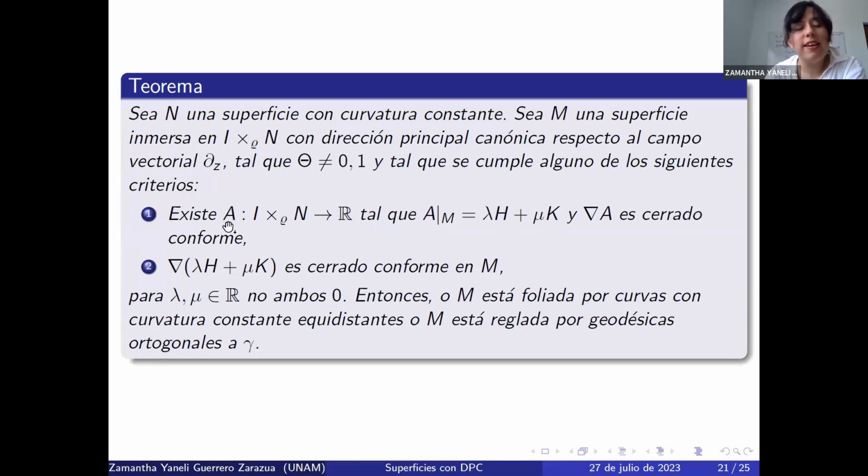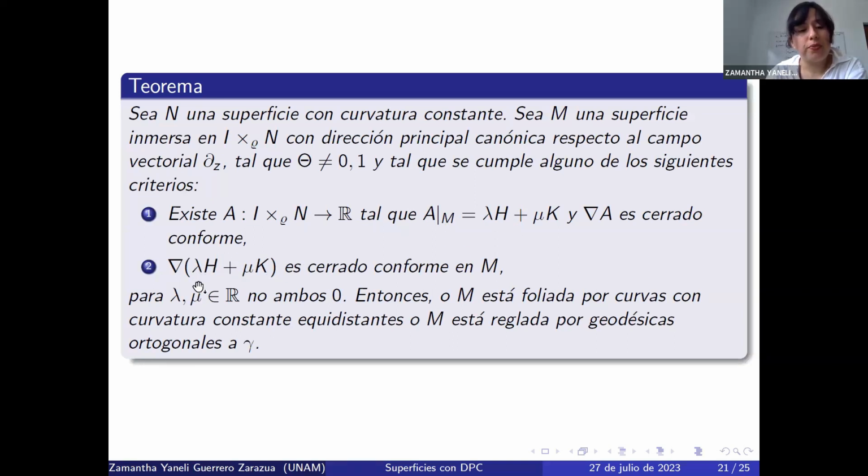There either exists an A such that when we take the restriction to the surface, the gradient of A is closed conformal, or it's a function defined already over M, and that itself is closed conformal.